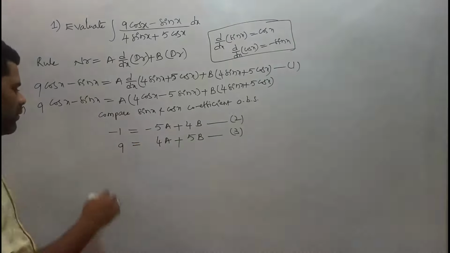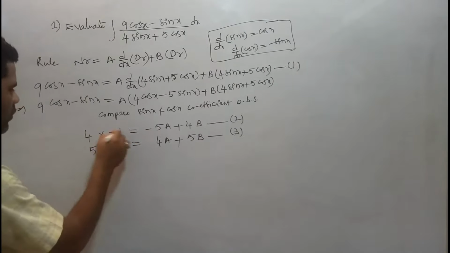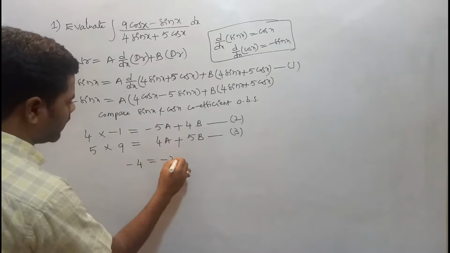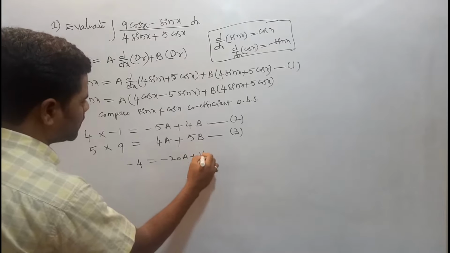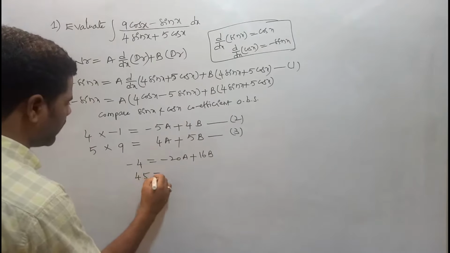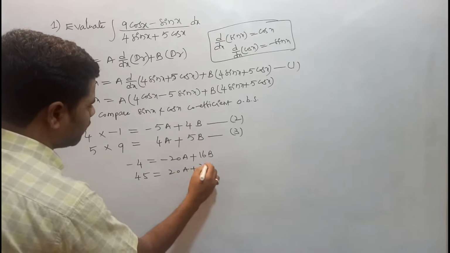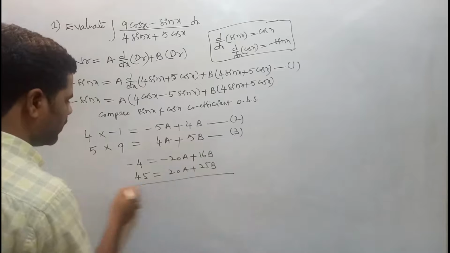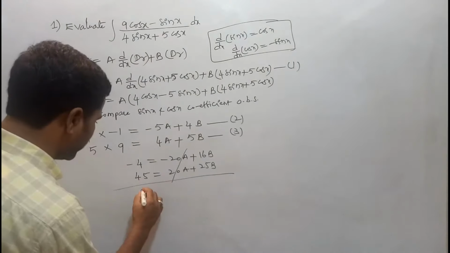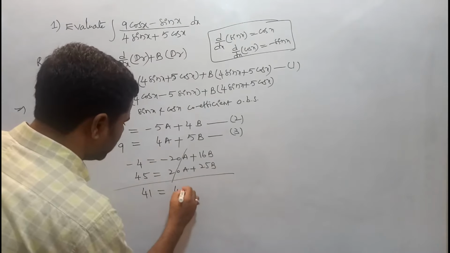Now multiply by 4 and by 5. So 4 into minus 1 is minus 4, equals minus 20a plus 16b. 5 nines are 45, equals 20a plus 25b. Now minus 20a and plus 20a get cancelled, and here 41 is equal to 16 plus 25, which is 41b.